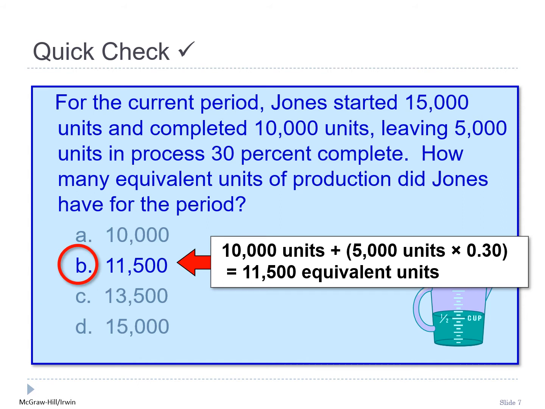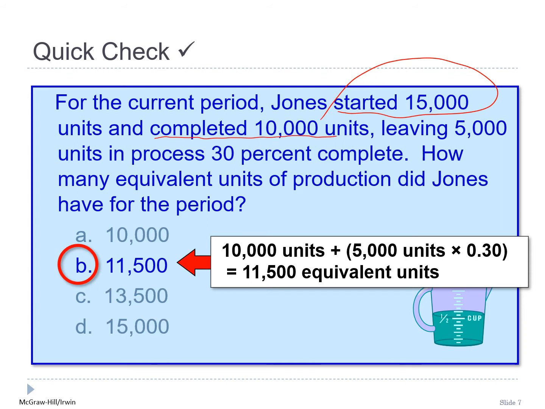So, sabi niya, for the Kenneth P. Jones started 15,000 units. So, ibig sabihin nung started, yun, started. So, yan yung ipoproduce for this particular period. So, yan. So, 10,000 yung completed, sabi niya.